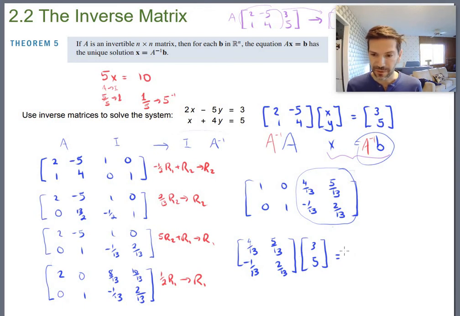And let's see, I'm going to say that'll be 3 of the first column plus 5 of the second column.